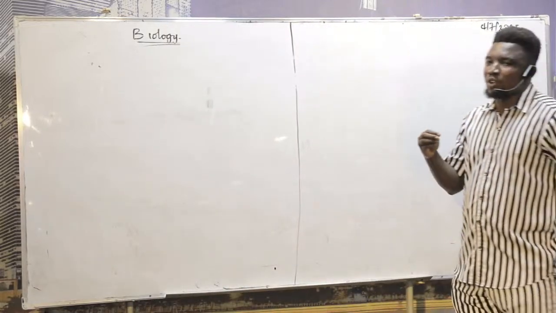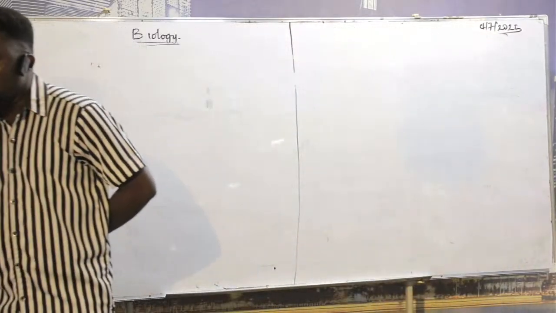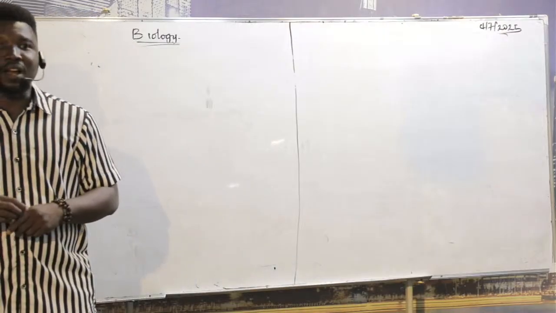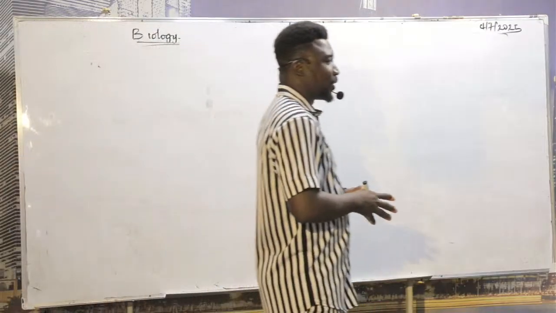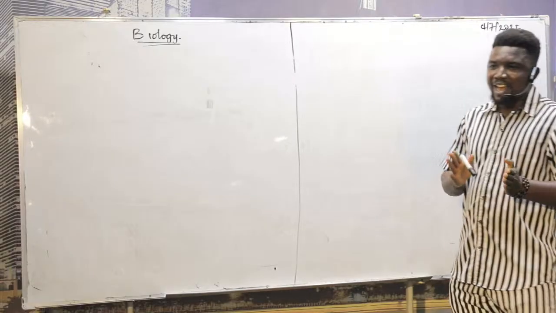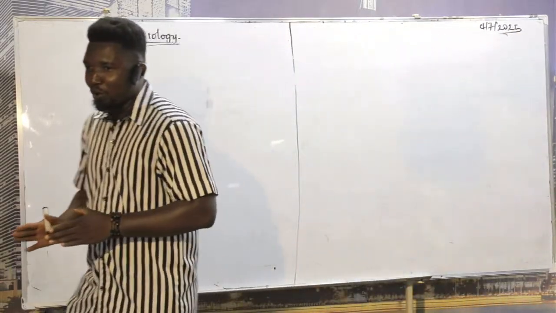And I also mentioned that the intermediate neuron, which is called the association neuron, helps to join the motor neuron to the sensory neuron. Then the last one is the efferent neuron, also called the motor neuron.